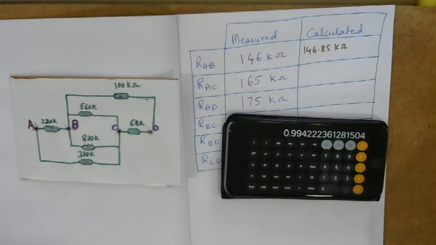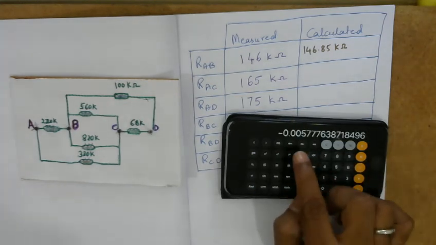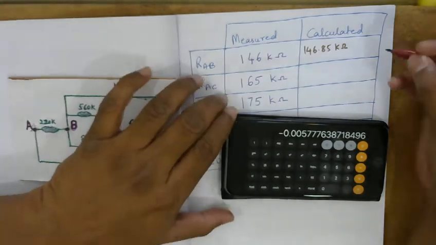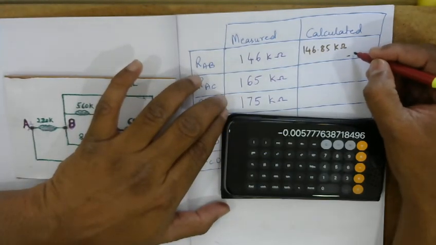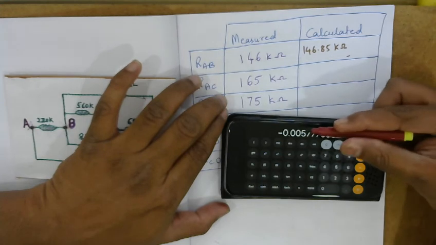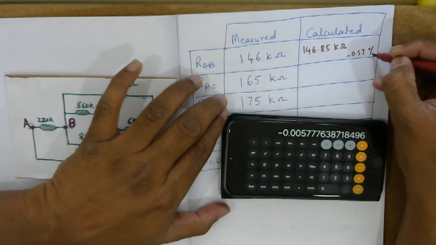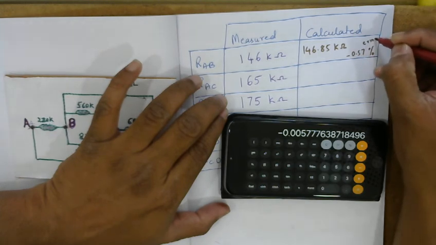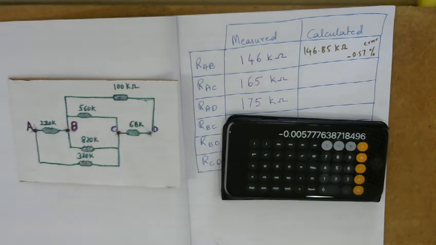That means for the actual value, we are able to match almost within 1%. If I subtract 1 from it, so minus 0.0058, and for calculating in percentages, I have to multiply with 100. So minus 0.57% is the error. As long as error is between 1% or 2% or even 5%, it is good enough.